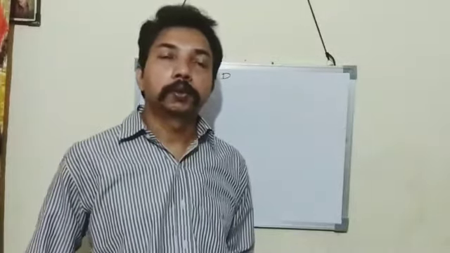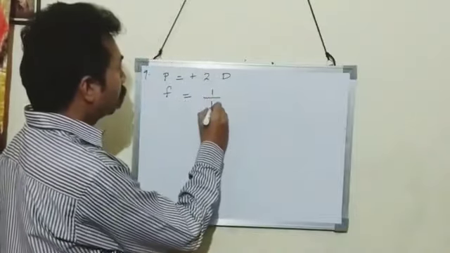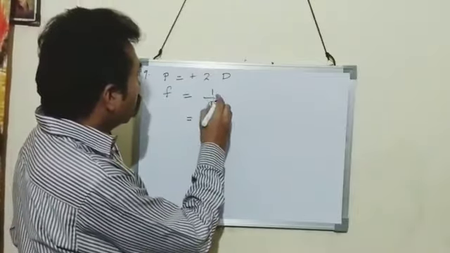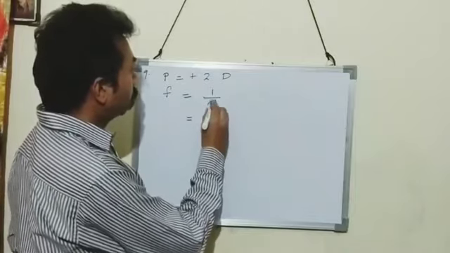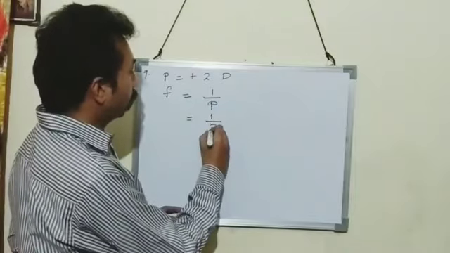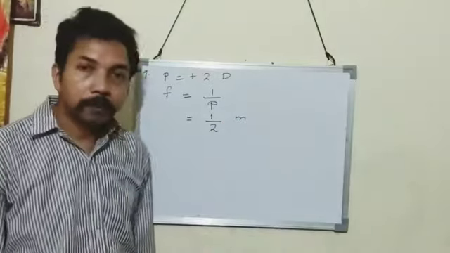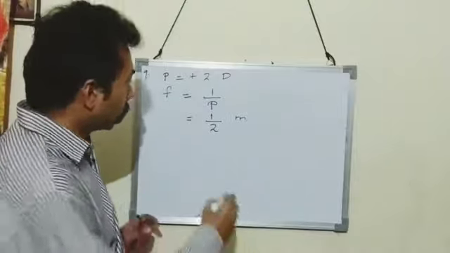Now we have to find the focal length. For finding the focal length of the lens, we use the formula f is equal to 1 upon P. Now we substitute the value. P is 2 diopter, so 1 by 2 meter, 0.5 meter.